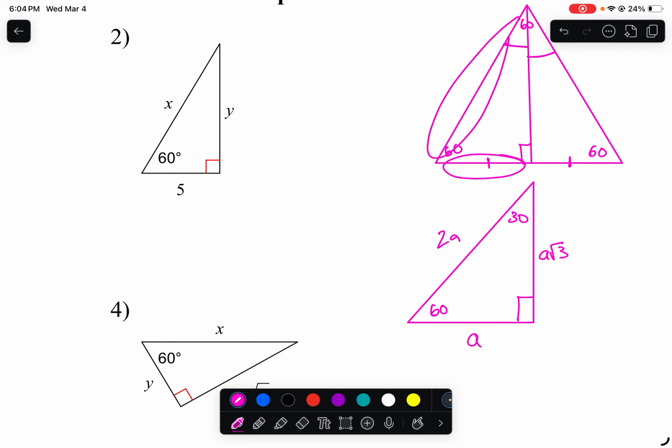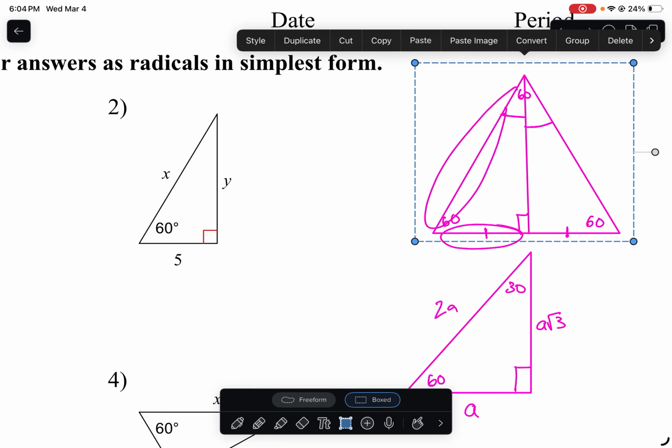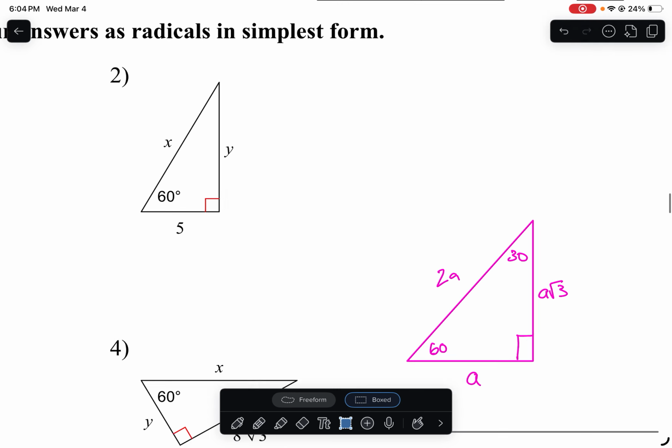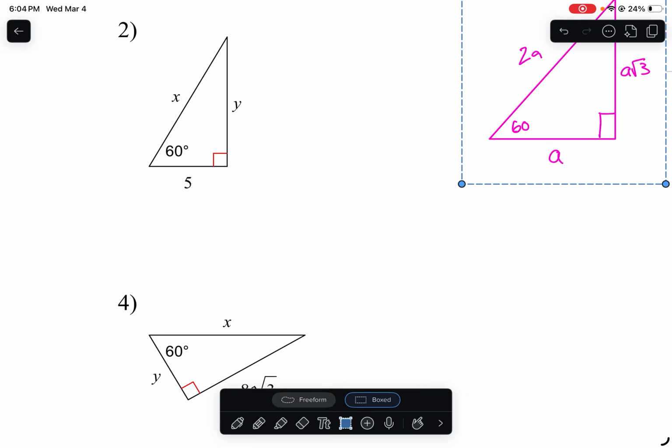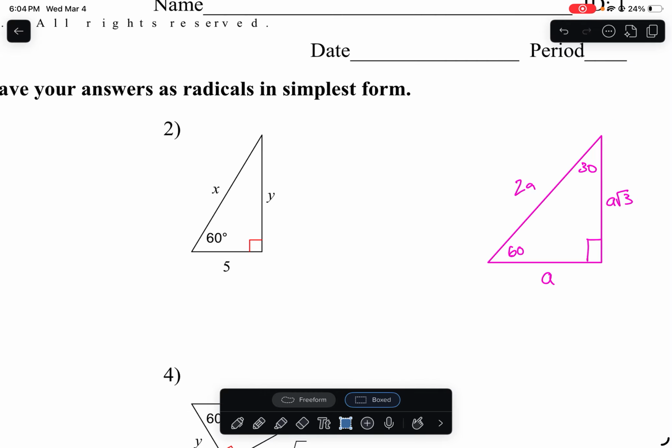And then if you do Pythagorean's theorem, you'll get that this side has to be equal to A root 3. So this is going to be our reference point as we solve pretty much all of these 30, 60, 90 triangles. So make sure you copy this down on your paper so that you can reference back to it, all right?